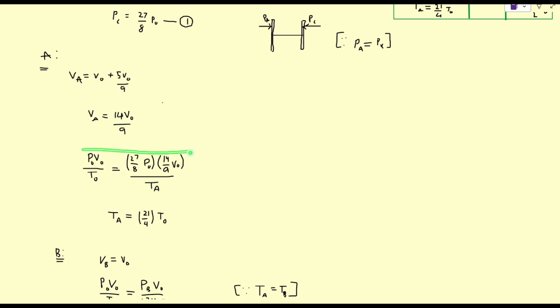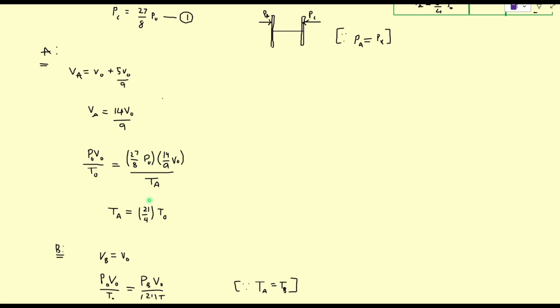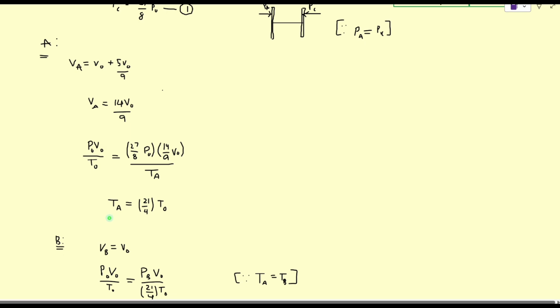We conserve the number of moles to find the final temperature of A. So P0 V0 by T0 equals 27 by 8 P0 into 14 by 9 V0 by temperature of A. From this we find the temperature of A equals 27 by 4 T0.